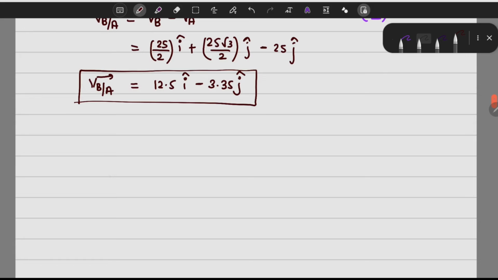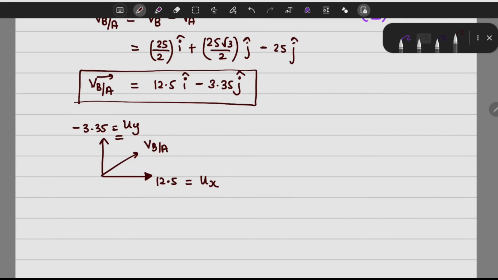Now let us say this is the velocity of B with respect to A, then this component is 12.5, let us call it ux, and this component is minus 3.35, let us call it uy.